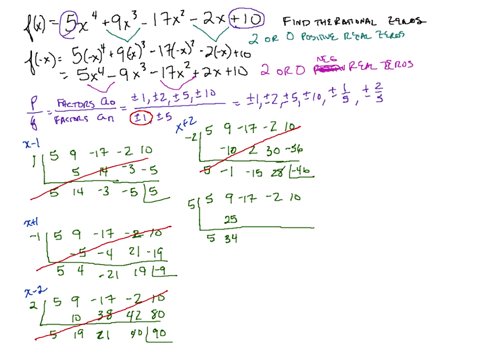Can't do that in my head. 34 times 5, 170. I doubt that's going to zero out for us. 153. Yeah, this is just getting bigger and bigger. There's no way that's going to zero out. We'll just stop there. Yeah, I kind of gave up after 2 when I tried it in the homework.